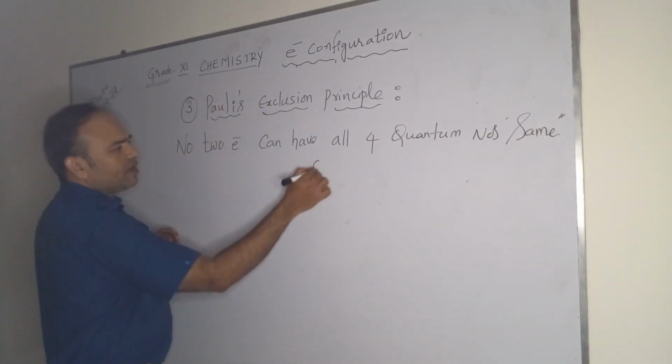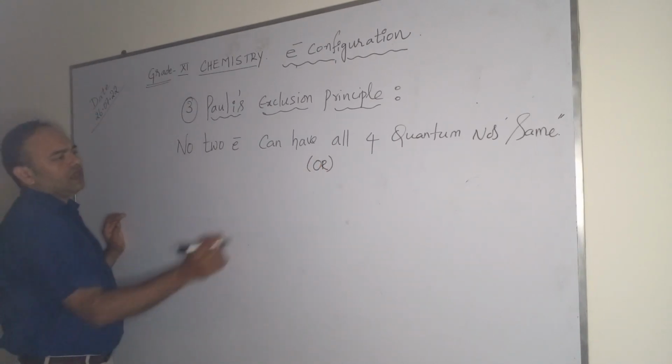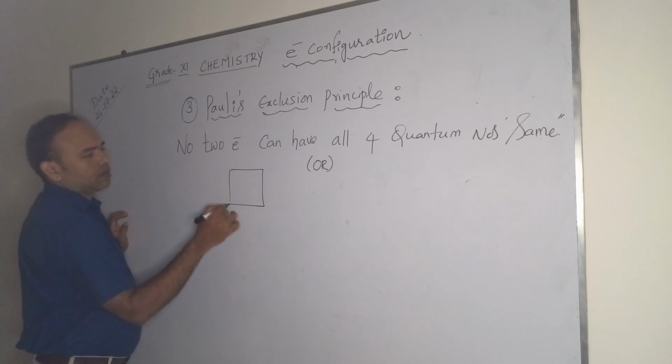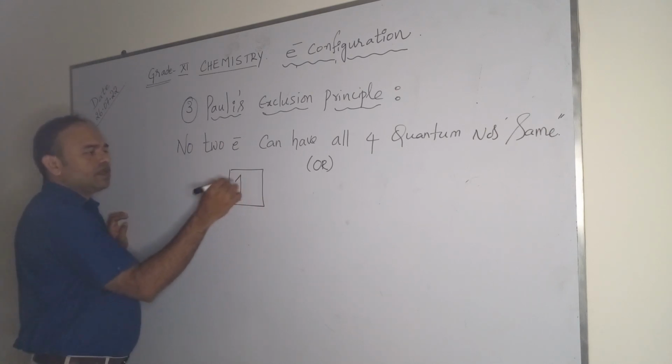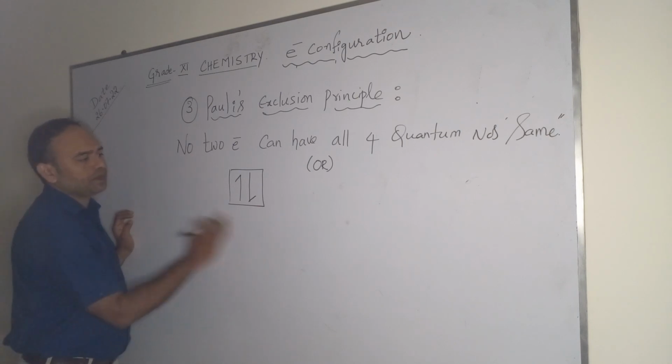I'll just simplify this. What I can say is, if you are taking an orbital, one electron is represented like this, second electron is represented like this.